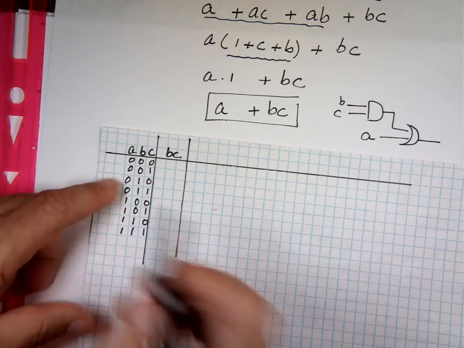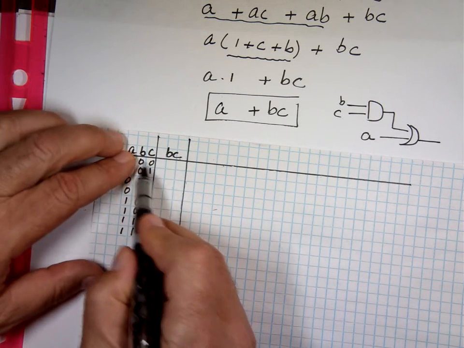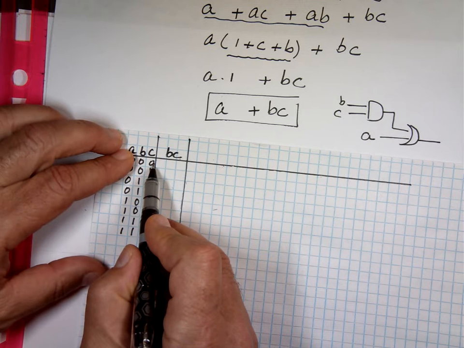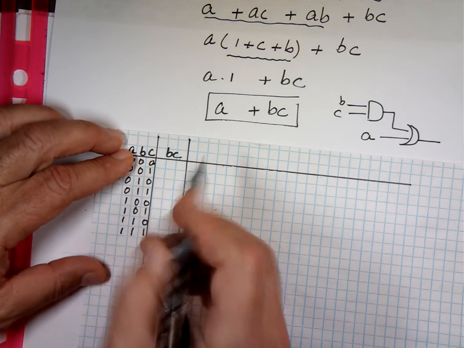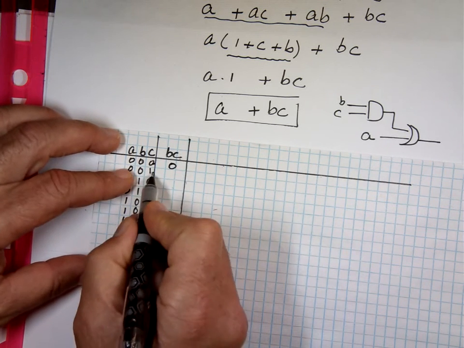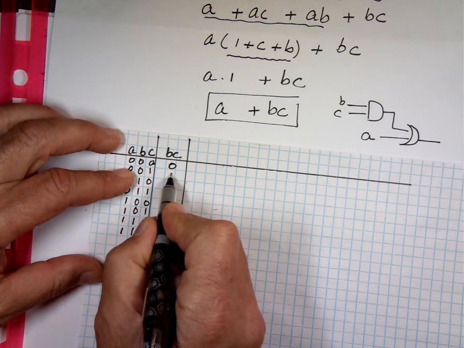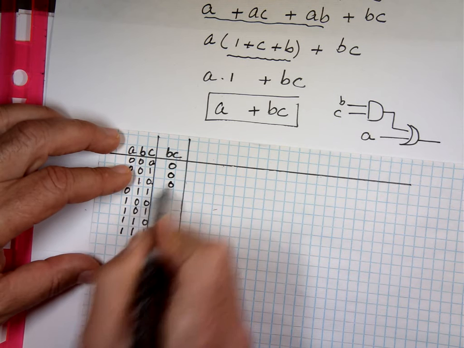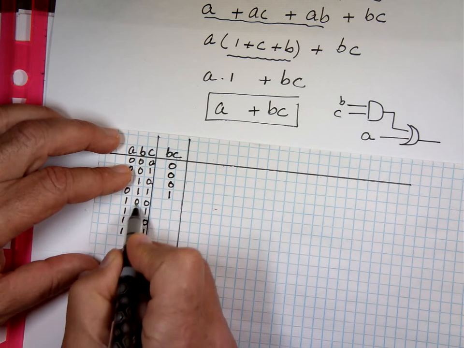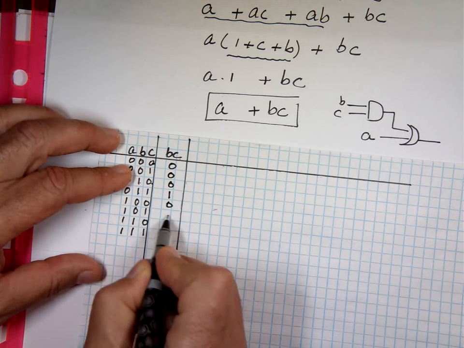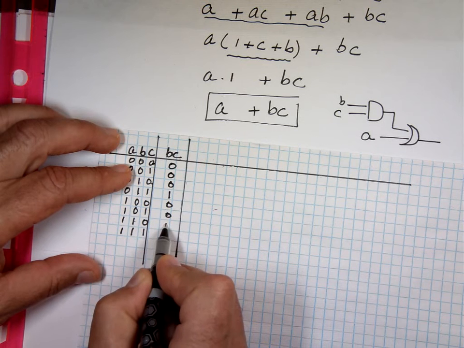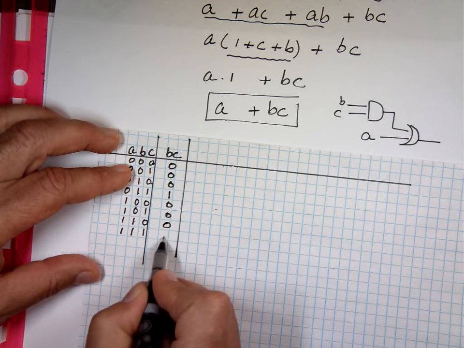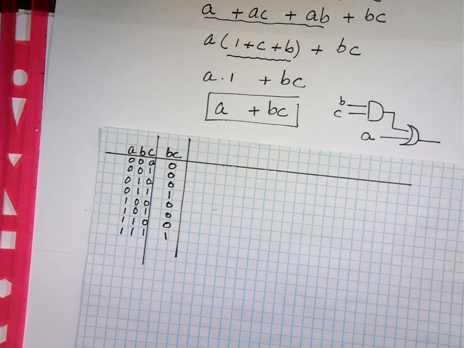This is B and C. What's 0 and 0? That's an AND. What's 0 and 0? 0. What's 0 and 1? And. What's 1 and 0? 1 and 1. 0, 0. 0, 1. 1, 0. 1 and 1. 1. For an AND gate to be 1, both inputs have to be 1.